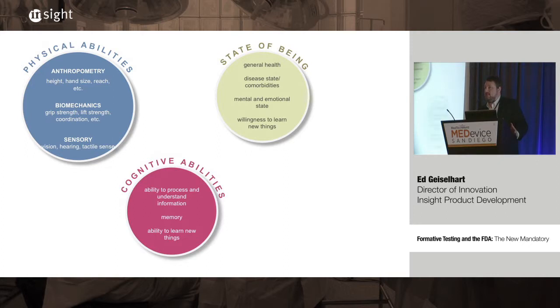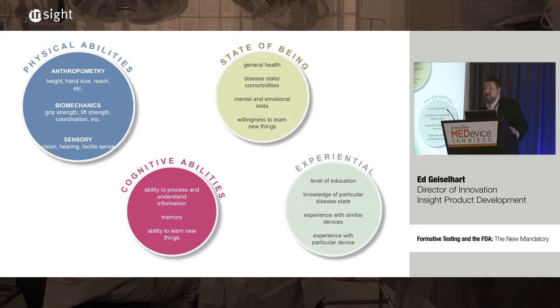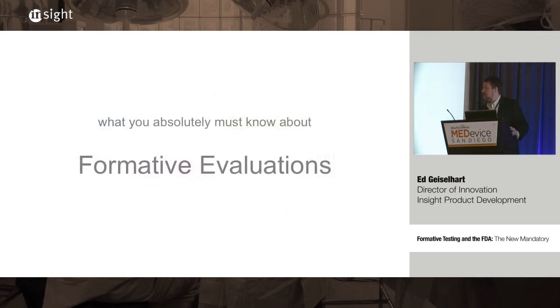If we're developing something that will be a self-administered device used by patients, what aspects of their disease state do we need to take into account in order to make sure we're developing something that's safe? What are our emotional attitudes toward approaching interactions with medical devices? And then lastly, our experience level. We are all creatures of habit, so many times innovation looks to rethink the way we do things, and that can be a great source of potential errors.